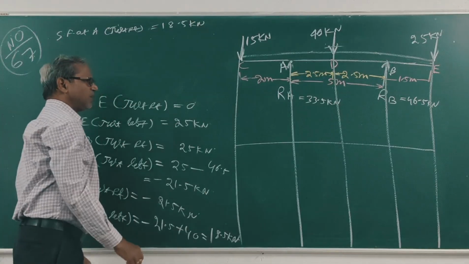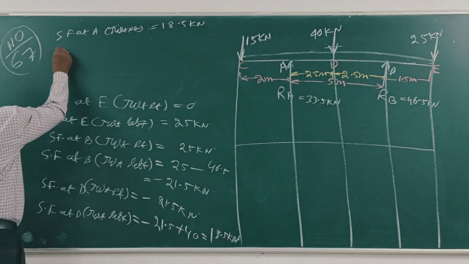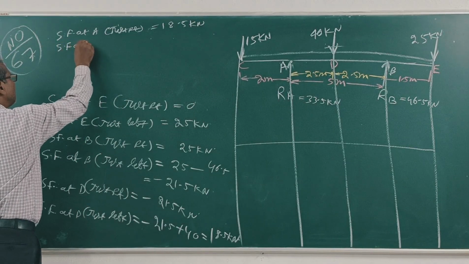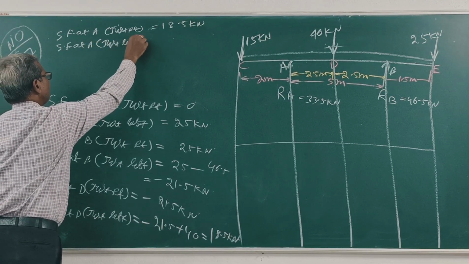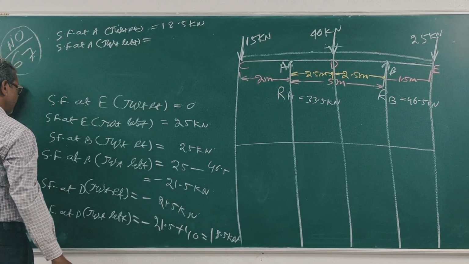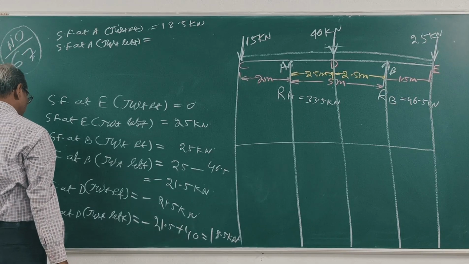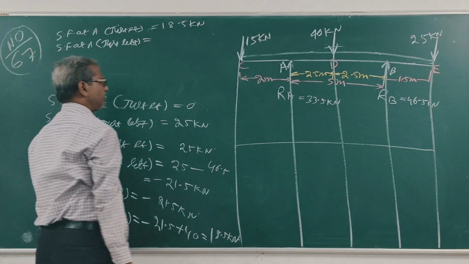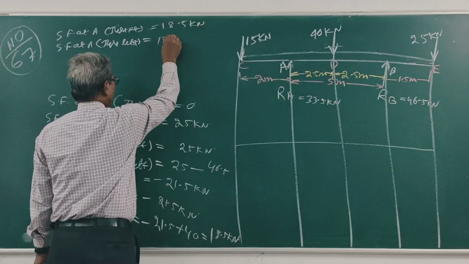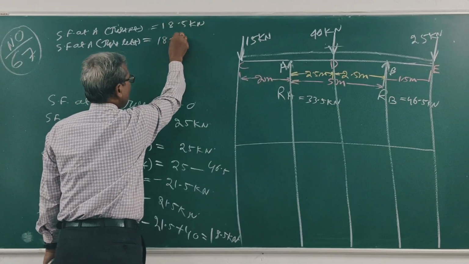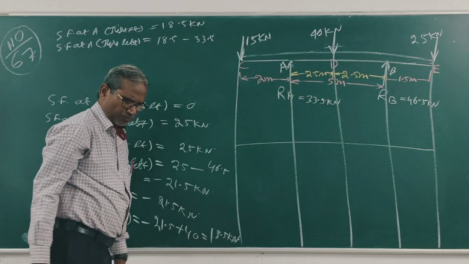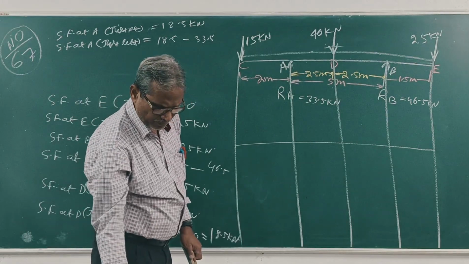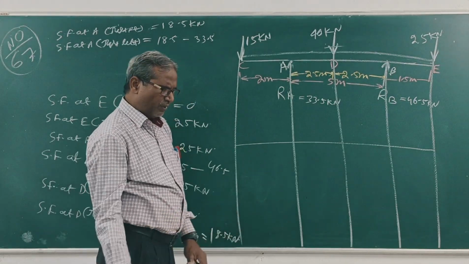Then shear force at A just left is 18.5 minus 33.5, which is minus 15 kilonewton.